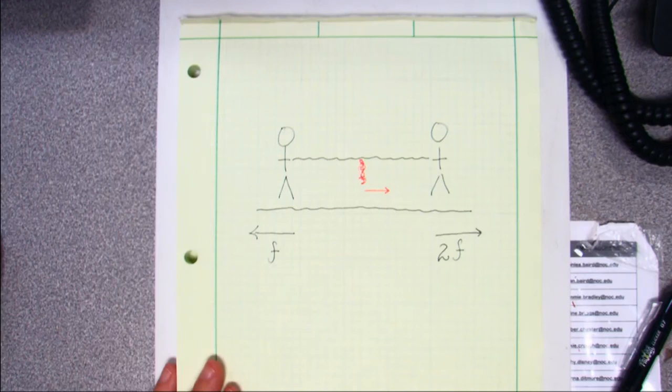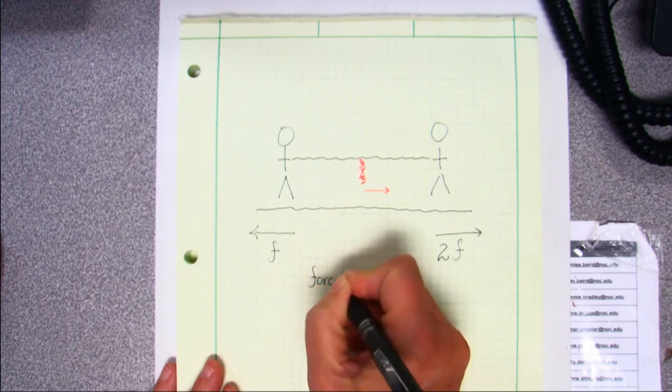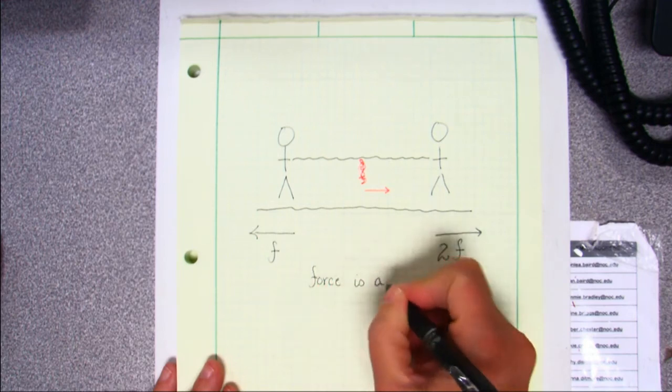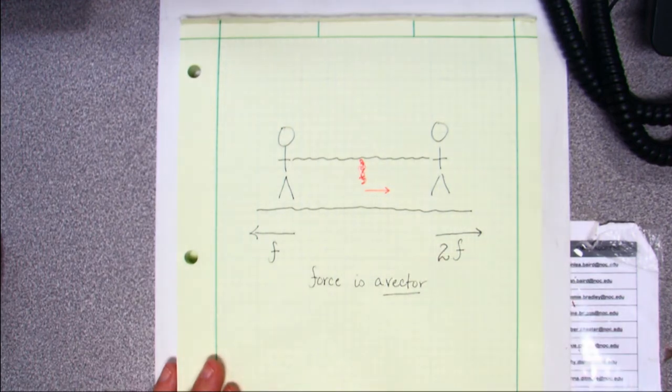So an interesting thing that we've just deduced: we know something about forces. If it has direction, it's going to be a vector. Okay? So force is a vector, because it's got direction.